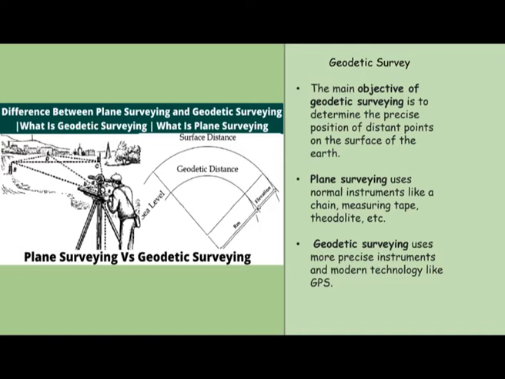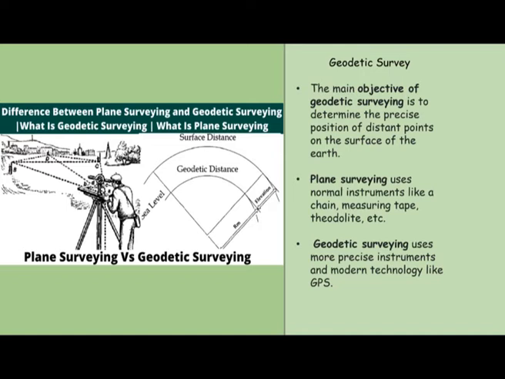In plane table surveying, we use normal instruments like a chain, measuring tape, theodolite, etc. But in geodetic surveying, we use more precise instruments and modern technology like GPS. Friends, as I told before, this type of survey is followed in the case of the curved surface of the earth.